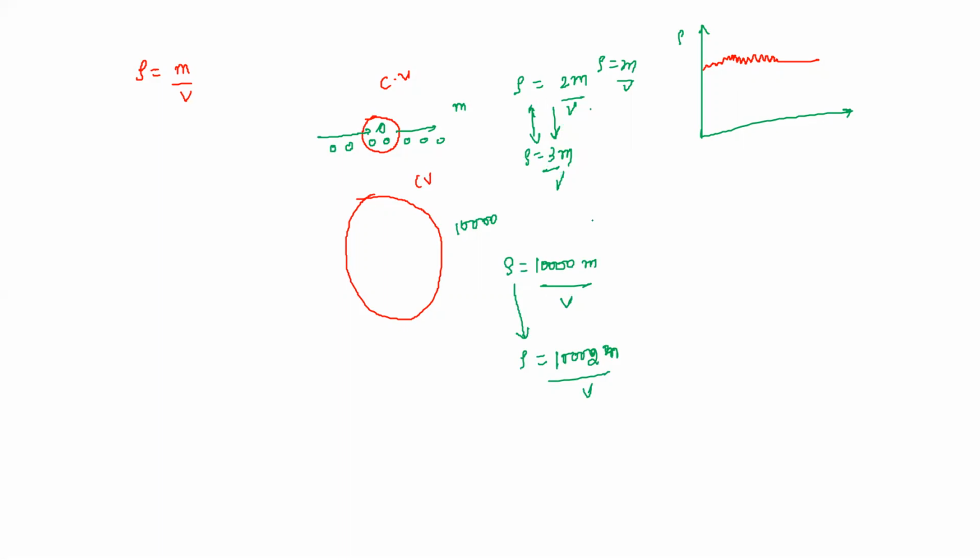Although the difference is the same, just one or two molecules have changed, this difference would cause more variation in the density than the other. The reason is that when we take a very large control volume, with so many molecules in it, a variation of one or two molecules, or even 50-60 molecules, won't really affect the overall property.